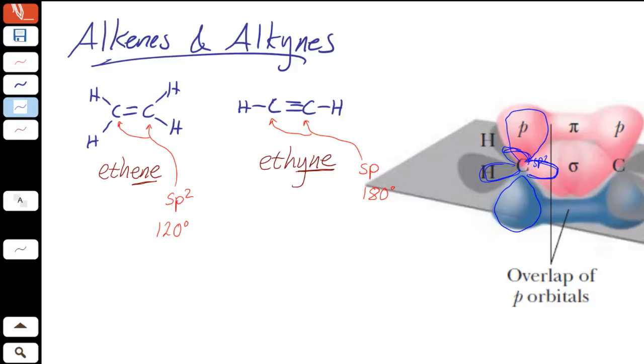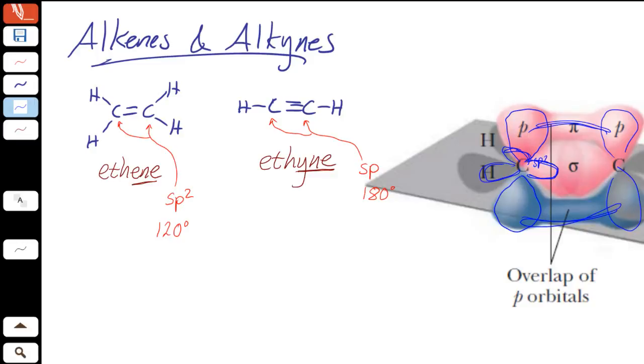It's that p orbital that makes that second bond of the double bond, because the other carbon is doing the same thing. So those leftover p orbitals make what's called a pi bond. So you have a sigma and a pi bond. You have the sigma bond from the overlap of the sp2 orbitals, and you have the pi bond from the overlap of the p orbitals. Remember also that a pi bond is a two-sided bond.